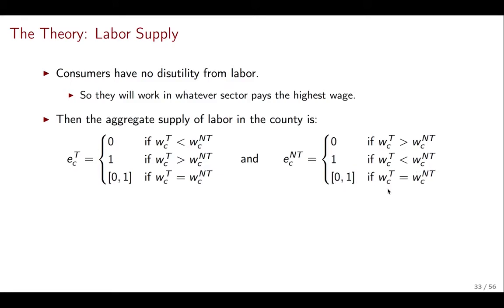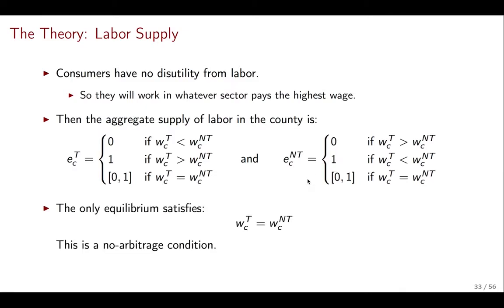and people are going to be indifferent in between. Now, because we know that there has to be employment in both sectors, it cannot be that one wage is different than the other, because then there will only be supply for the sector with the highest wage. And so from these we can conclude that the only equilibrium that can occur is one that satisfies the two wages being the same. This is a no arbitrage condition.